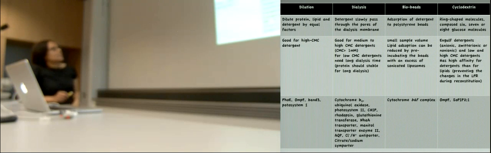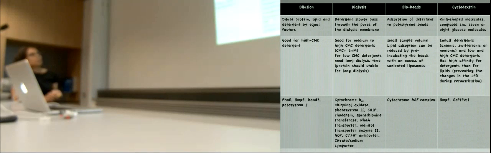And another one is the cyclodextrin. It's a rod-shaped molecule composed of 6, 7, or 8 sugar molecules, glucose molecules. And it's quite nice because it works for any kind of detergent, whether it's anionic, zwitterionic, or non-ionic. It also doesn't matter whether it's low or high CMC detergent. So that means you can use a variety of detergents in this method.